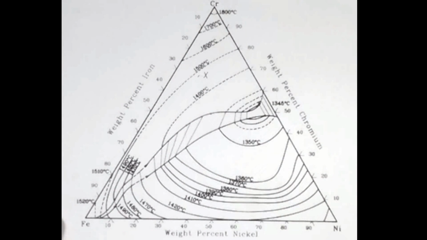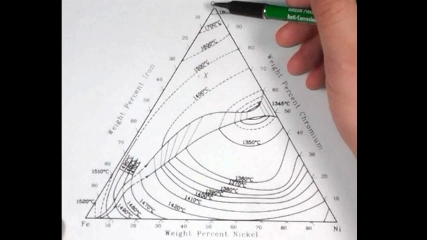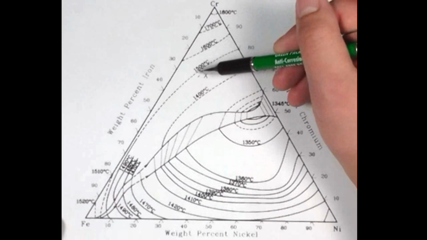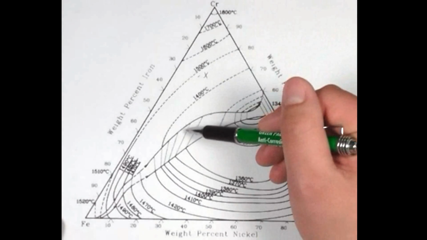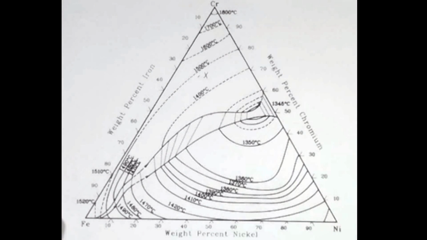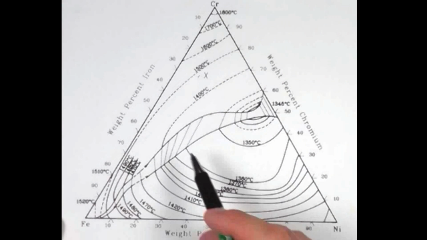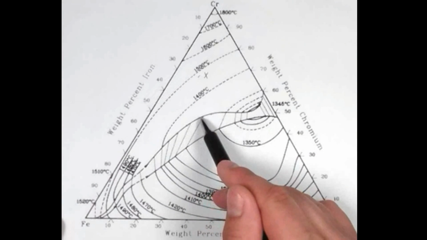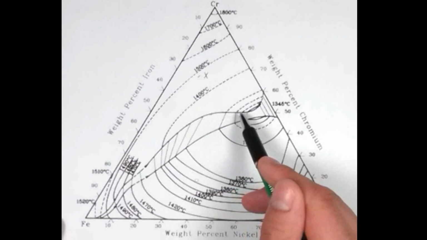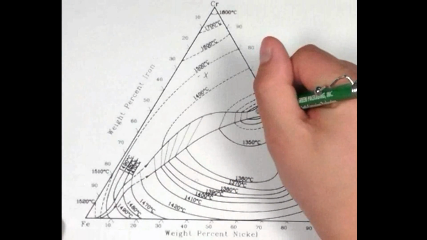To determine the crystallization path that our composition X will follow, we will draw a straight line through our chromium vertex and our composition X to the boundary curve. Once we reach the boundary curve, we will follow it as we continue to cool until we reach our eutectic.